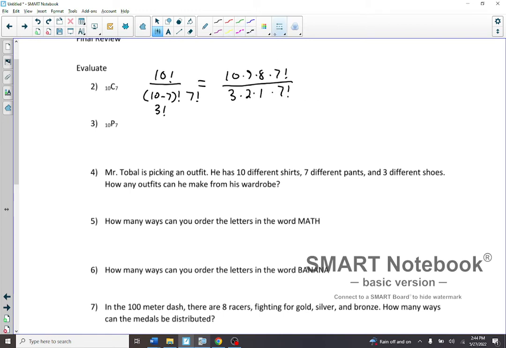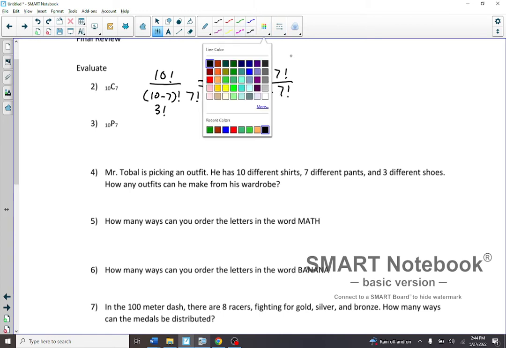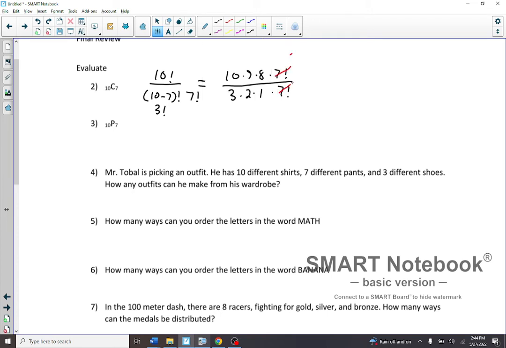But wait a second, 7! and 7! are the same, so we could cross those out. And then 3 times 2, I could reduce the 3 and the 9 to a 3 and a 1. And I could reduce the 2 and the 8 to a 4 and a 1. So then all I'm left with is 10 times 3 times 4, which is 120.